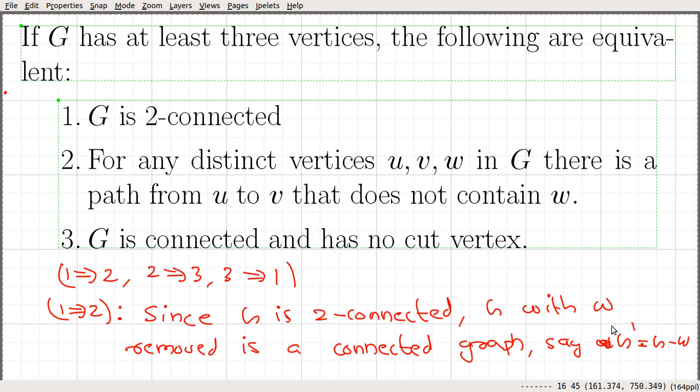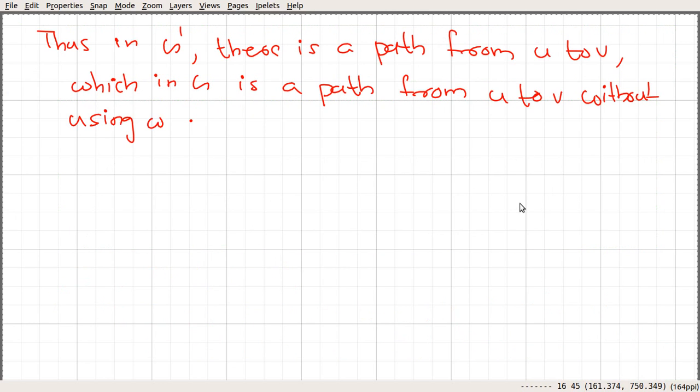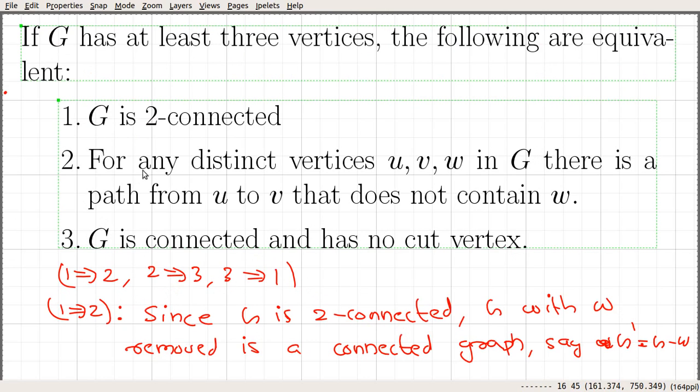So there exists a UV path without using W. Since we obtained G dash from G by removing W, the same path must exist in the original graph also, and that path does not contain W. And that's it, we proved that implication 1 implies 2. So if G is 2-connected, then for any distinct vertices U, V, W in G, there is a path from U to V that does not contain W.